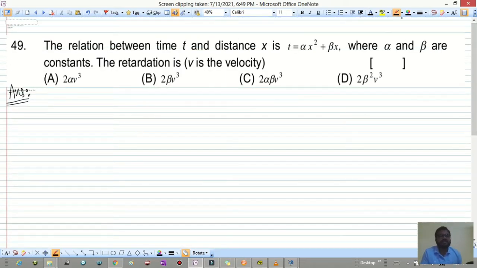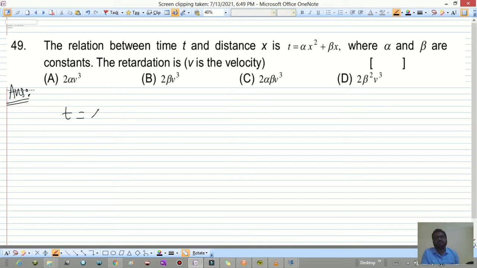Okay, now in this question a relation between time t and distance x is given: t is equal to alpha x squared plus beta x, where alpha and beta are constants, then retardation is, right? So over here time t is equal to alpha x squared plus beta x.